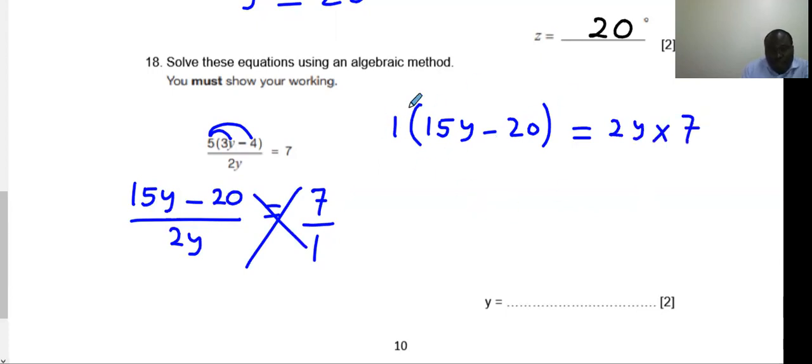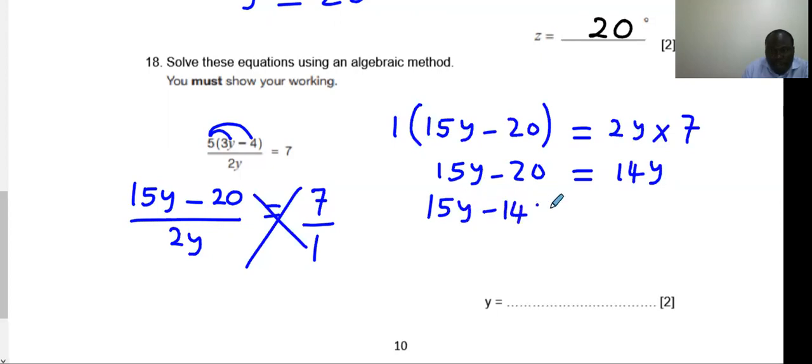Opening the brackets, any number times 1 equals that number, so this remains the same. 15y minus 20 equals 2y times 7, which is 14y. Collecting like terms, 15y and 14y are like terms, so this will be 15y minus 14y.